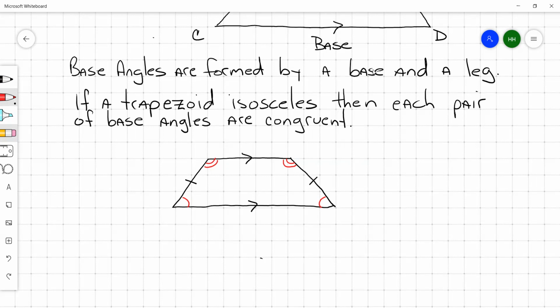See, right in here, the word "and" needs to go. If a trapezoid is isosceles, then each pair of base angles are congruent. Put a comma right there too after congruent and say and diagonals are congruent.